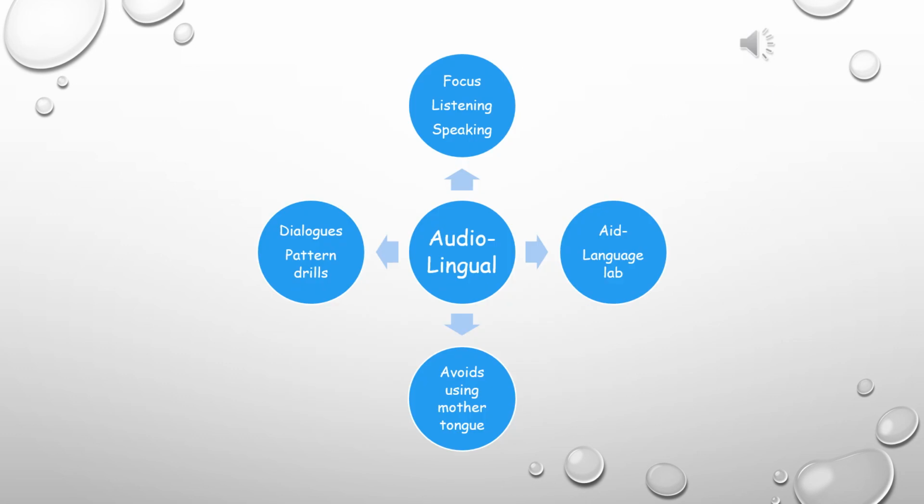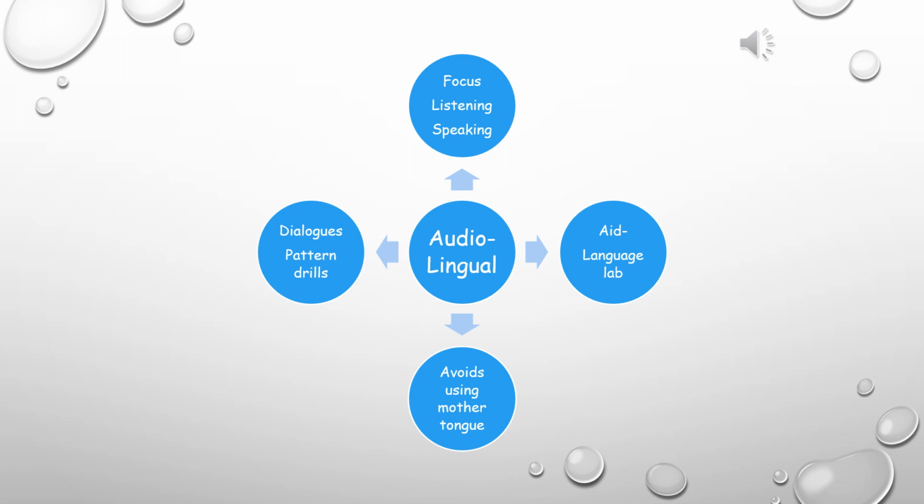Let us see what are the major features of audiolingual method. Audiolingual method treated each language skill separately: listening, speaking, reading and writing. The skills of writing and reading are not neglected, but the focus throughout remained on listening and speaking. The language lab was introduced as an important teaching aid.